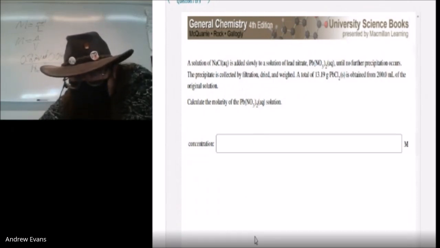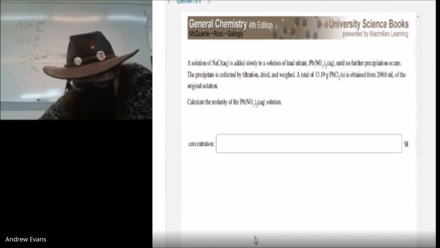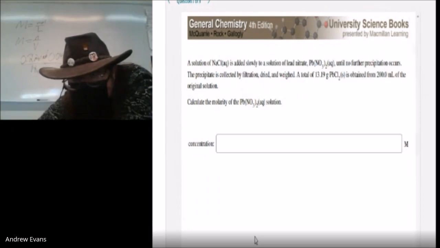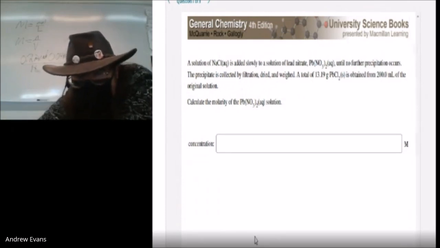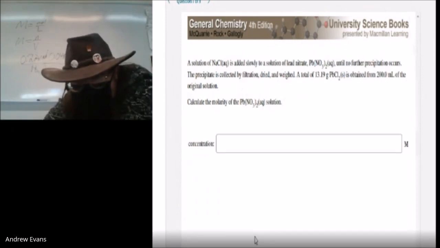So the equation, you don't need to know the equation, is 2 sodium chloride plus 1 lead nitrate goes to 2 sodium nitrates and 1 lead chloride. Because we're only going from 1 lead nitrate to 1 lead chloride, we're having an excess of sodium chloride. But we're starting with a mass of product, and we're trying to calculate molarity of the original solution, assuming complete reaction.